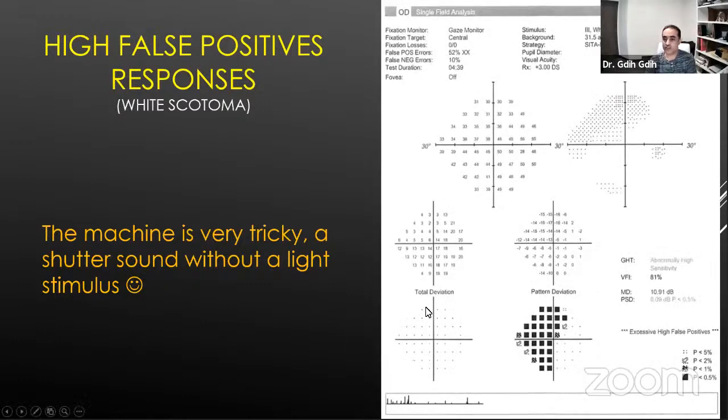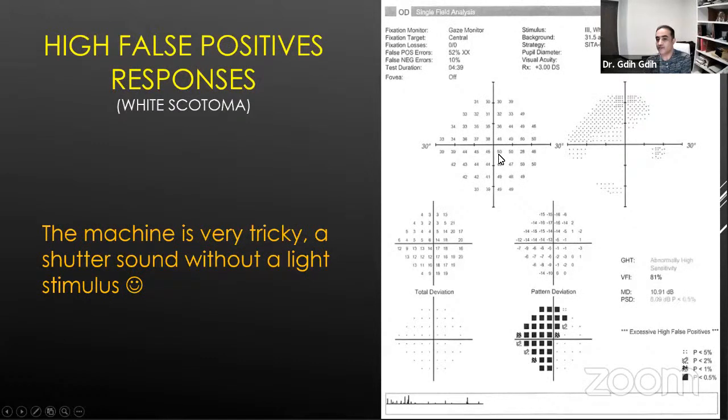So if you look at this visual field, let's have a look at the numerical scale here. If we look at these areas, you see a very high sensitivity, very high numbers. And by the way, these numbers on the grayscale are translated into numbers in the stimulus response to light.